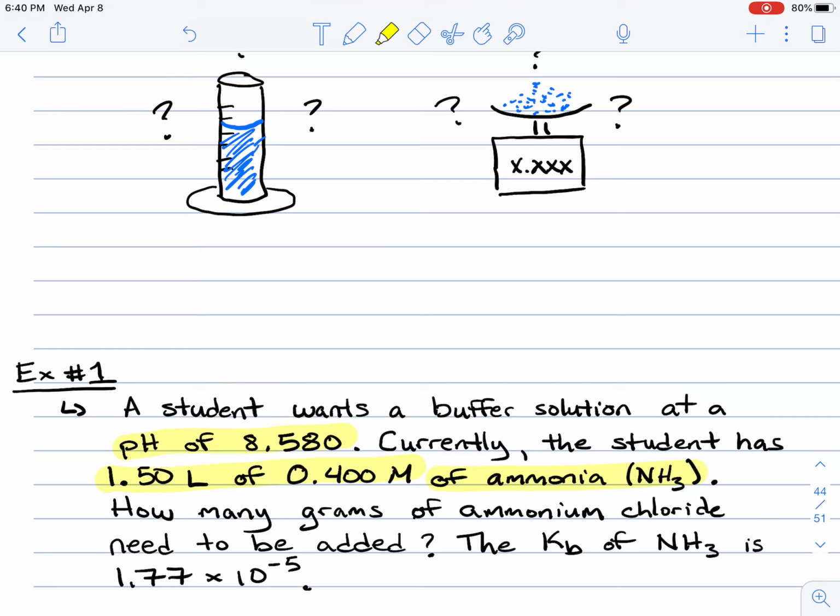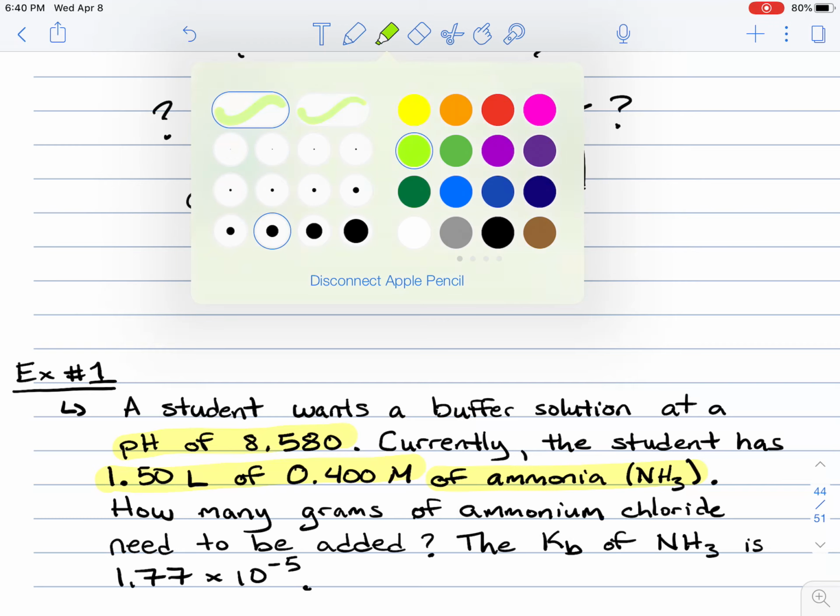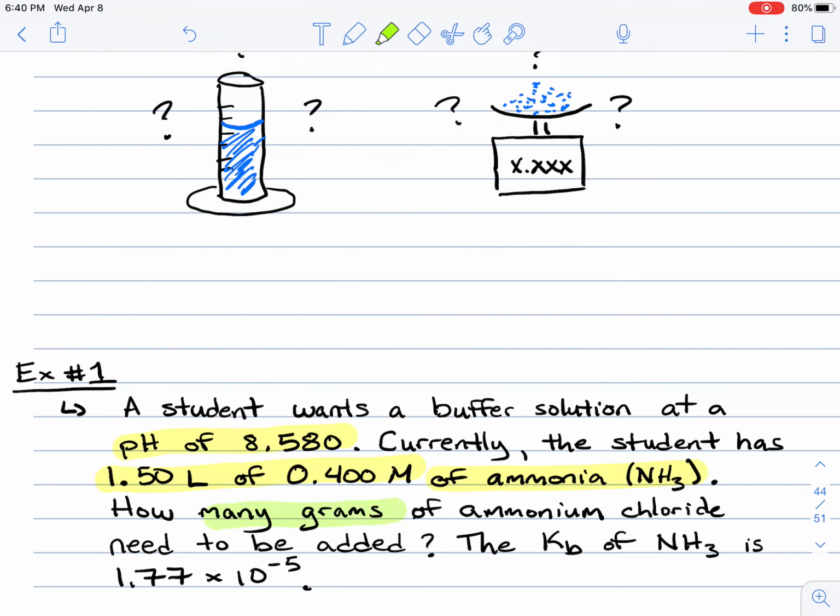The question is asking how many grams of ammonium chloride need to be added to the solution. The Kb of NH3, or ammonia, is 1.77 times 10 to the negative 5.